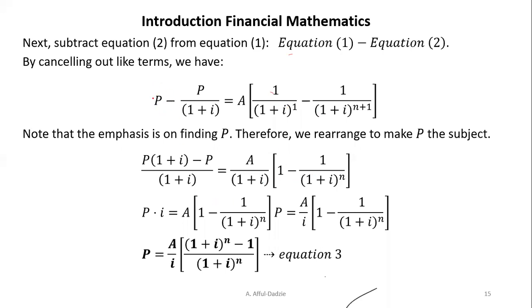Then here we want to make this guy look fine. This one has a denominator of 1, right? So if this guy has a denominator of 1, we can use the LCM approach. So if you have the LCM, everything divided by 1 plus I, you will have something that looks like this. So you have this whole expression be equal to this expression.